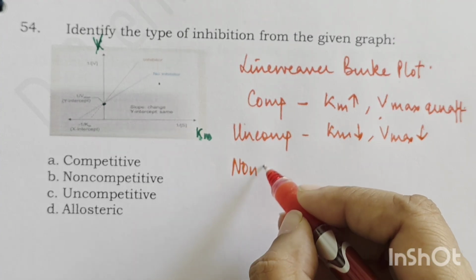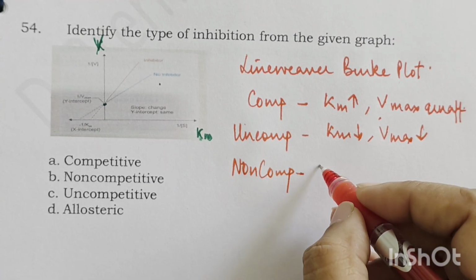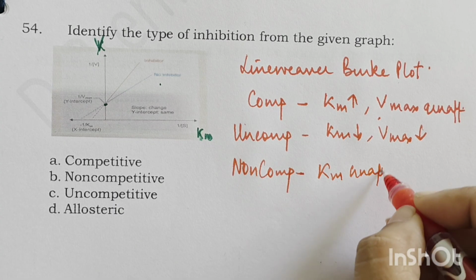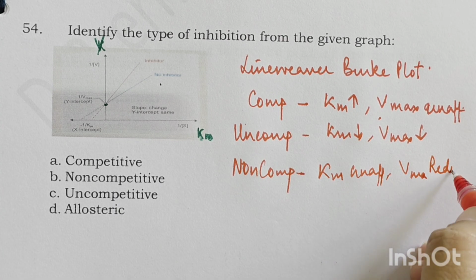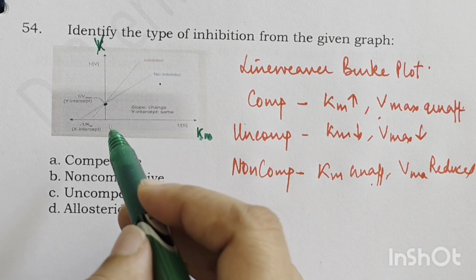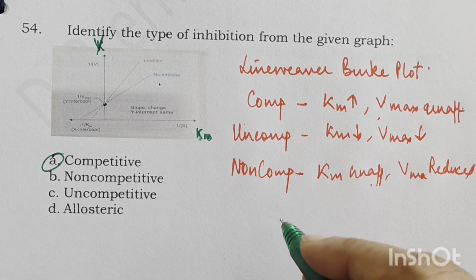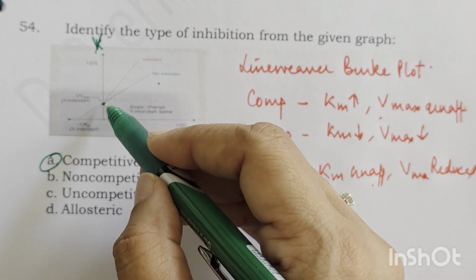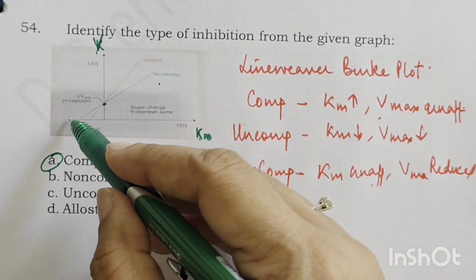And in non-competitive inhibition, Km is unaffected and Vmax is reduced. That means no matter how much you increase the substrate, Vmax will never reach what it should have been. So this type of graph is showing competitive inhibition. In non-competitive inhibition these two will not intersect here, and in uncompetitive inhibition they'll run parallel.